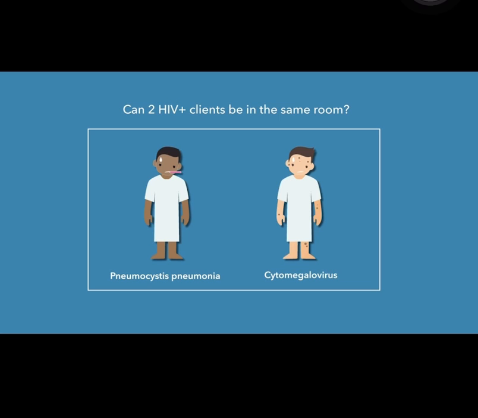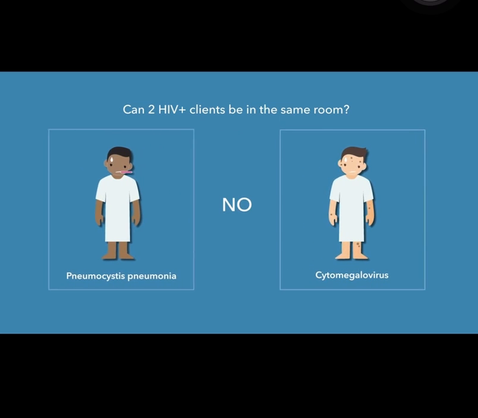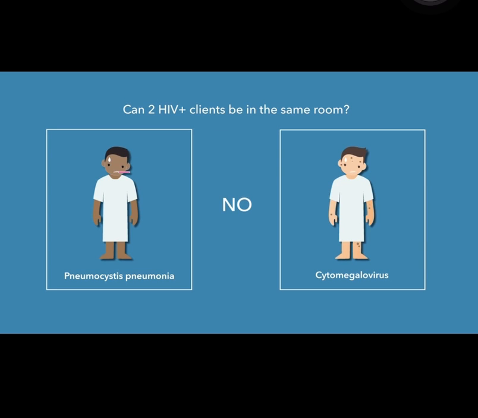Would you want them in the same room with each other? No. So, this would be an example when you would have to expand your thinking and be flexible and use judgment. That's a higher level thought process. So, no. Clients that are HIV positive or with AIDS need to be in a private room.